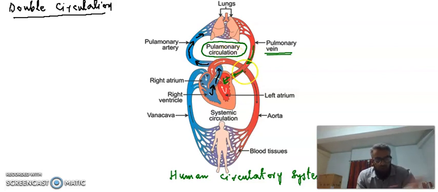Then oxygenated blood entering the left auricle goes into the left ventricle here, right?